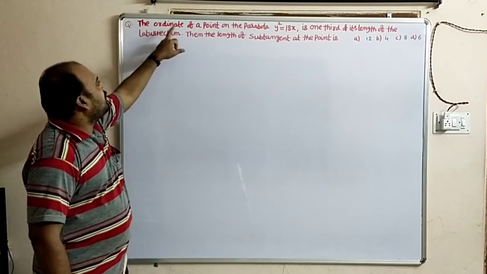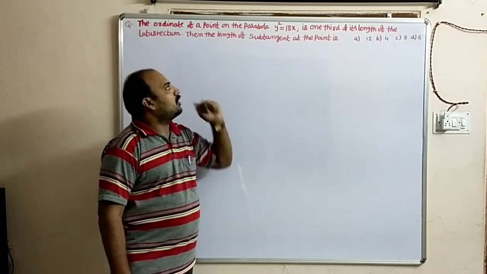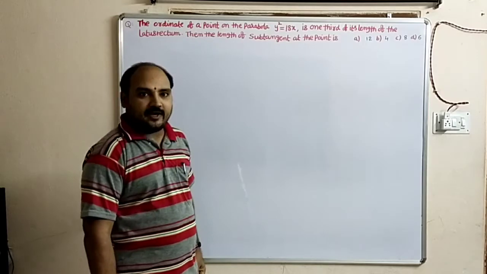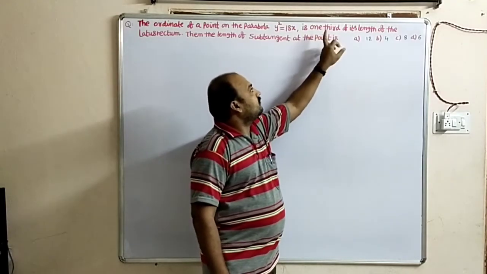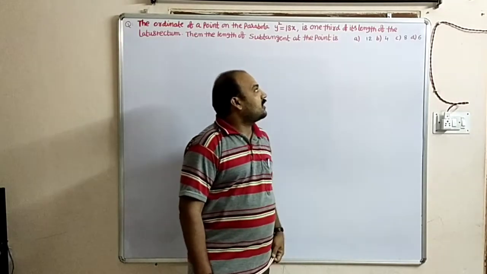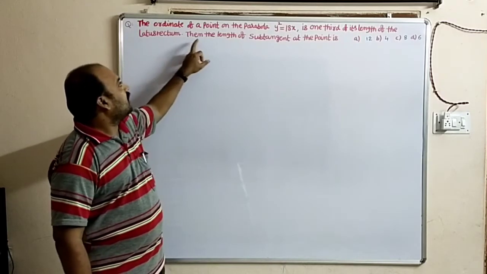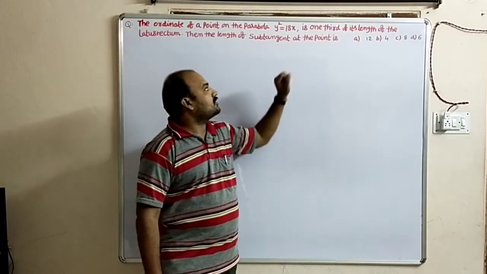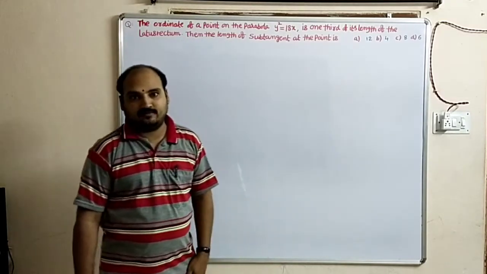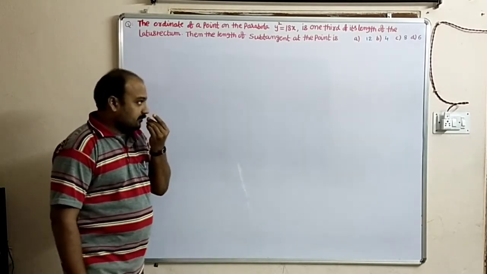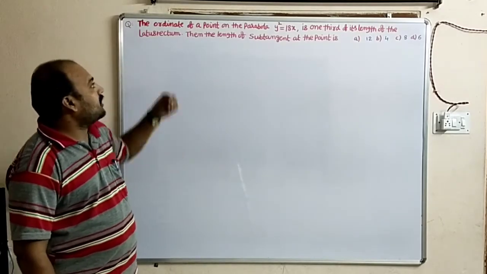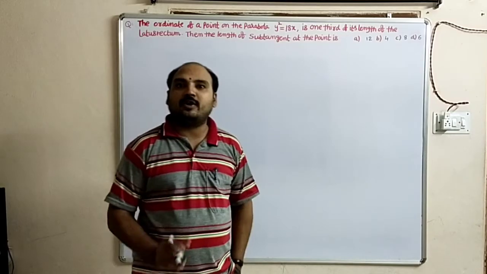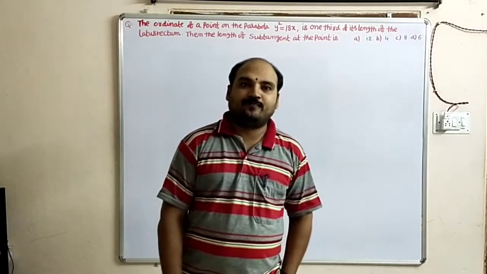The ordinate of a point on the parabola y square equal to 18x is 1/3 of its length of latus rectum. Then the length of subtangent at the point is. Here, the ordinate of a point on the parabola. Ordinate means y coordinate.